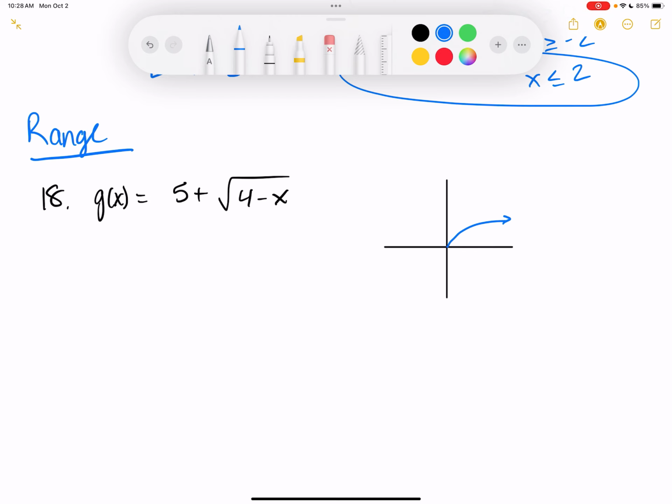Anyways, it basically flipped it from this way to this way, and then it shifted it up 5, and it technically went right 4, I think. So my range is going to be from 5 included to infinity.